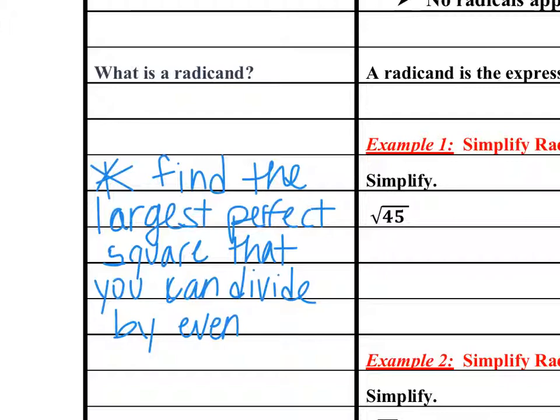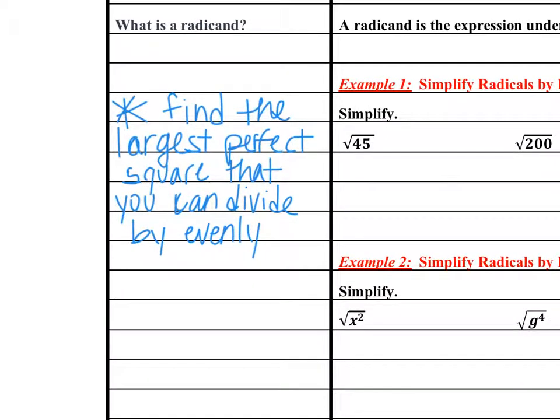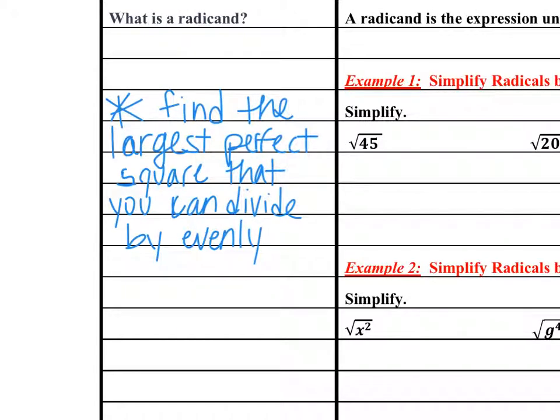So you cannot divide and get a decimal. When you divide, you have to get a perfect number. So we want the largest. That's important because it makes your life a lot easier. A lot of these we'll be able to divide by 4. If that's not the largest number, then don't use that one.